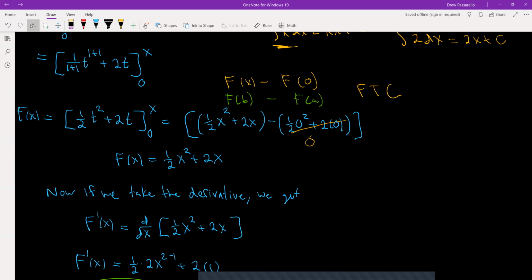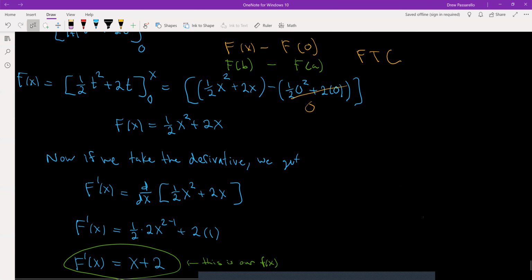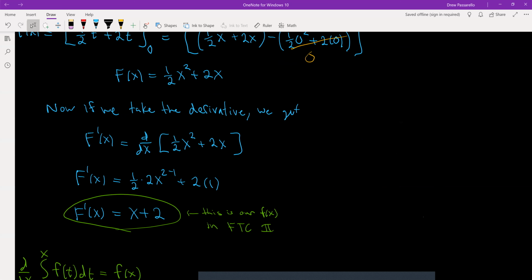So now if you take the derivative of this, you have to remember your derivative rules. The derivative of x to the n is n times x to the n minus 1. The derivative of x is 1.